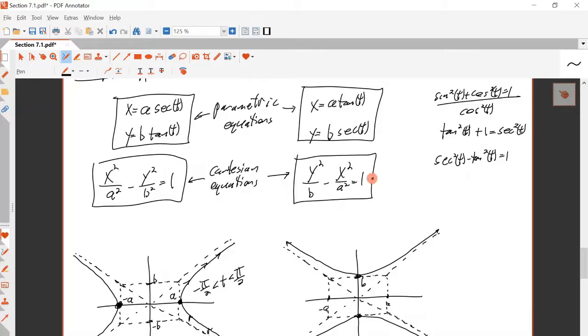So for this one, at t equal to 0, y is equal to b, and x is equal to 0.